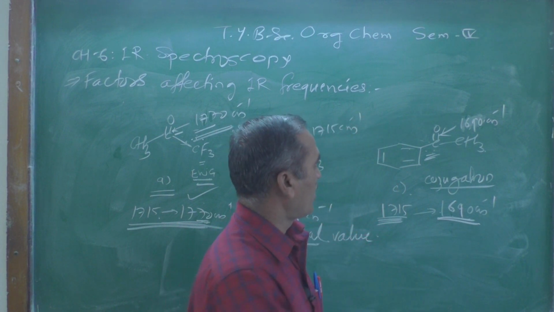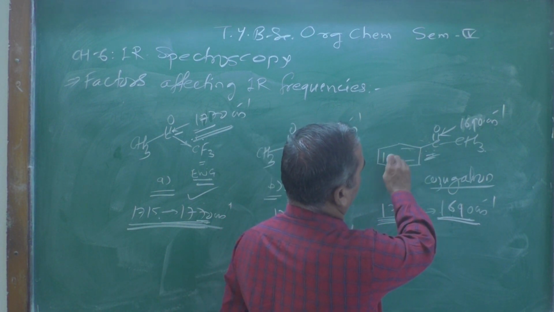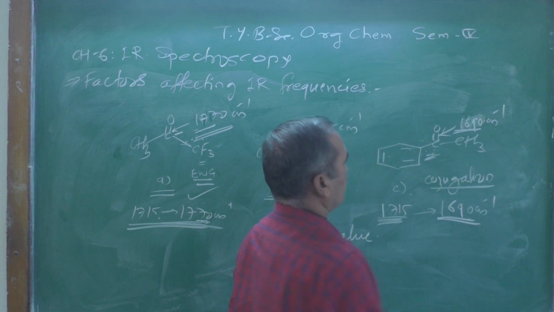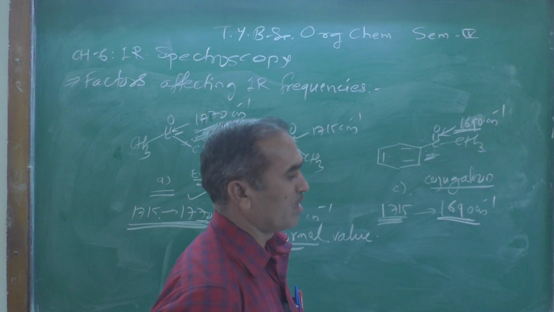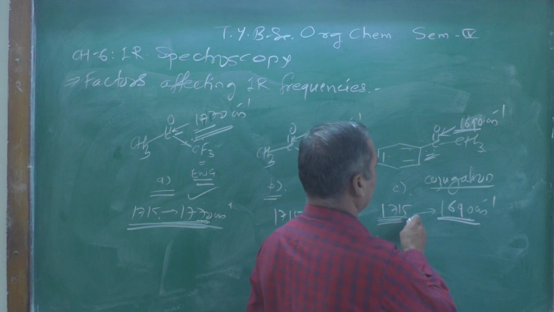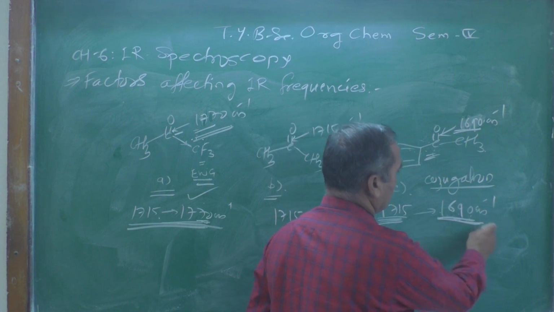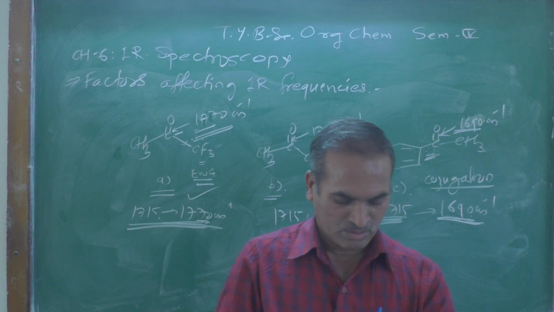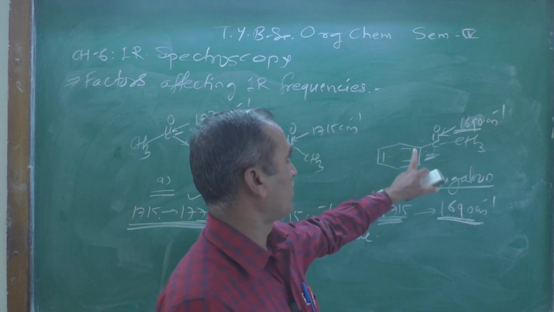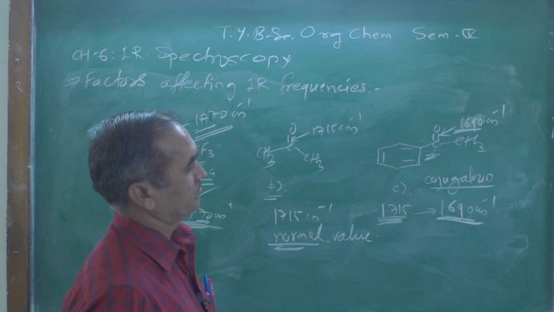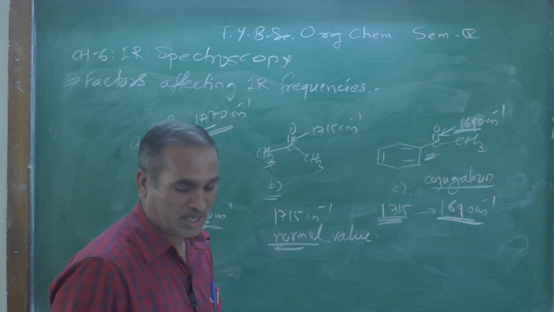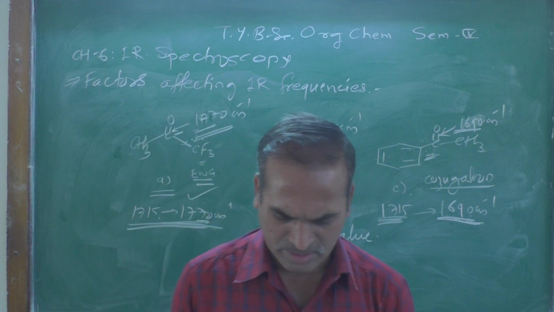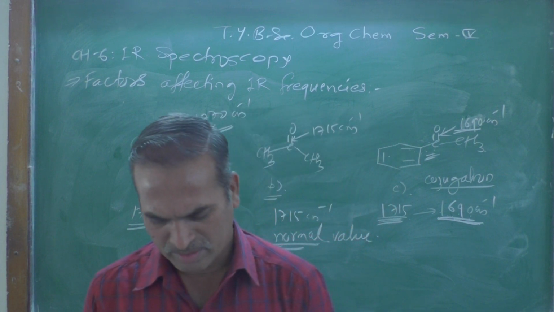That's why, as the conjugation is there, the value of that carbonyl group is decreased to near about 1619 per centimeter. So this is what we have seen here, why this peak appears around 1619 per centimeter. Is that clear?